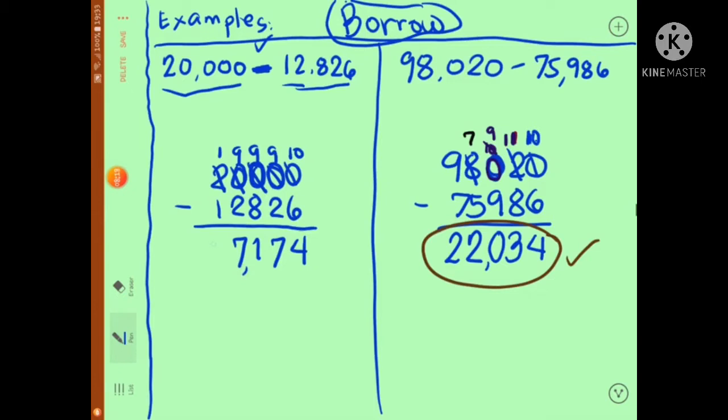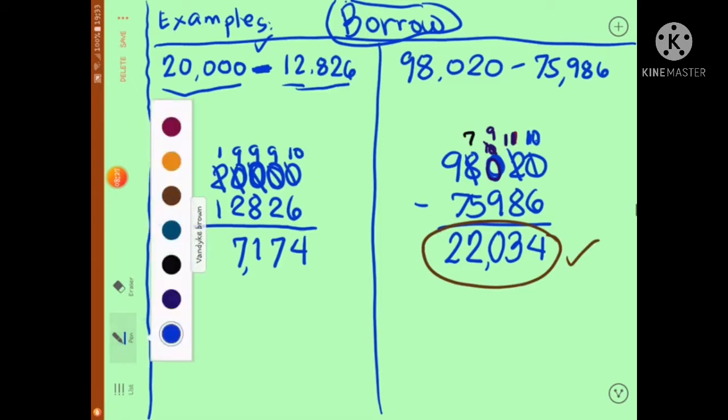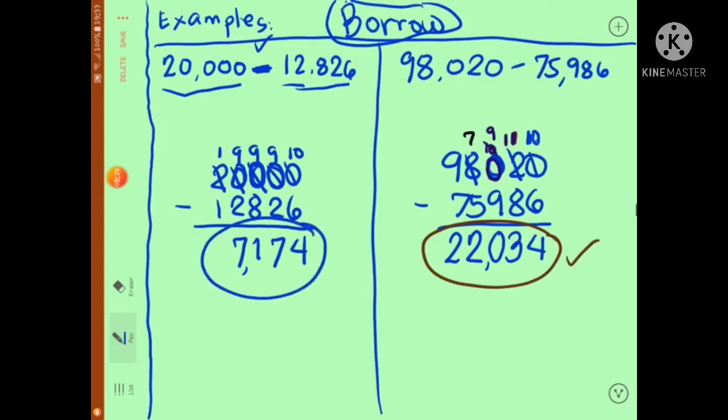Okay? If the number here is 0, it's okay that we will not write that one. Understand? Did you understand that? Okay. Now this is now our answer. Okay? Okay, I will show you 3 more examples after this one.